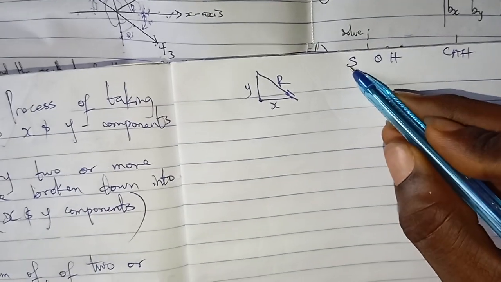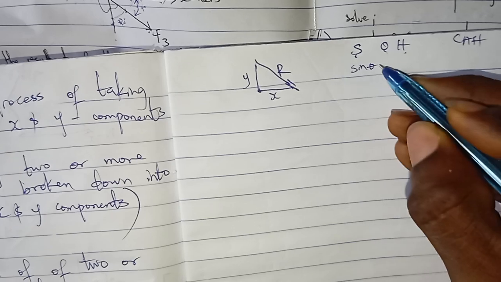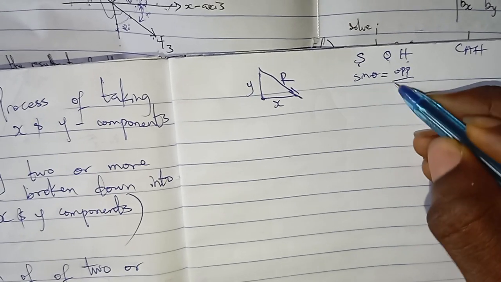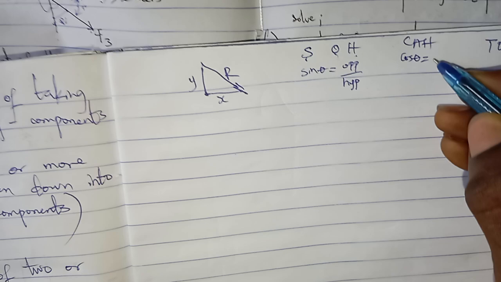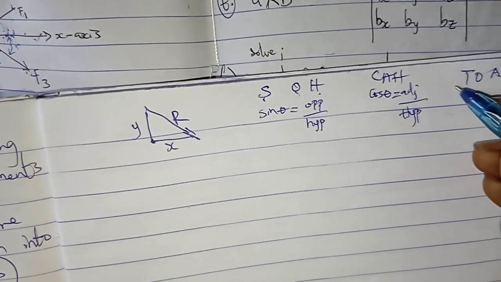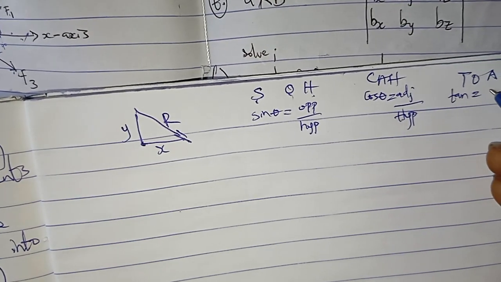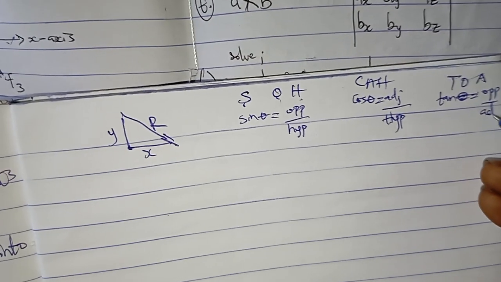That is sine theta, opposite over hypotenuse. Cos theta, adjacent over hypotenuse. Tan theta, opposite over adjacent.